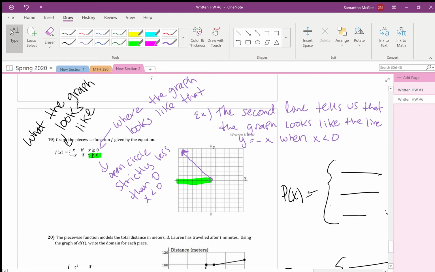That first line tells us that our graph should look like the line y equals x whenever x is greater than or equal to 0. And our x is greater than or equal to 0 on this right-hand side of the graph. And here, I could fill in the dot. I could have a closed circle because we had that or equal to.